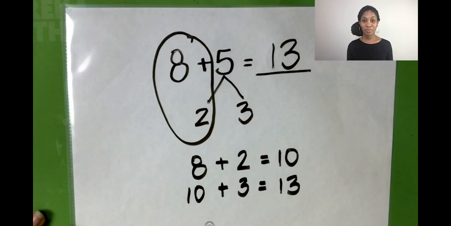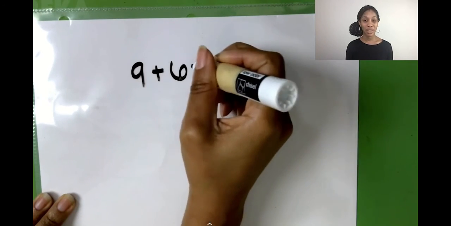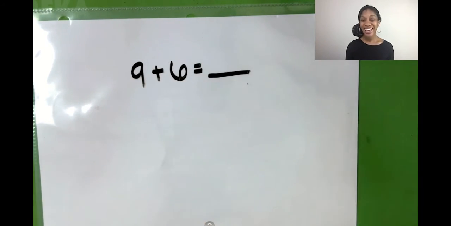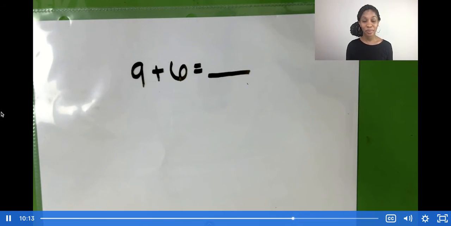Let's solve another one. Now let's solve 9 plus 6 equals something. Does 9 have any 10s? That's right. 9 doesn't have any 10s. Well, does 6 have any 10s? Nope, it doesn't. So let's see what happens when we add 9 and 6 together.